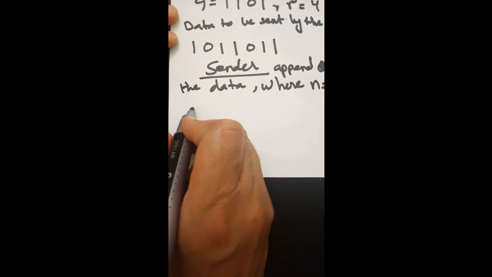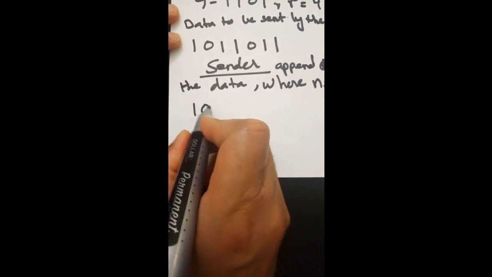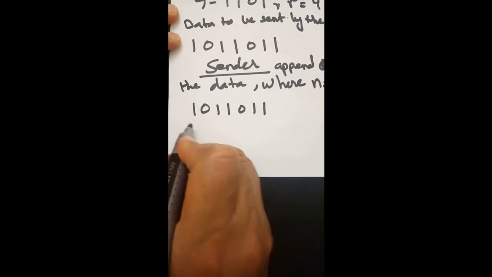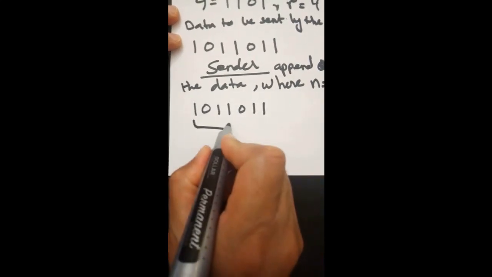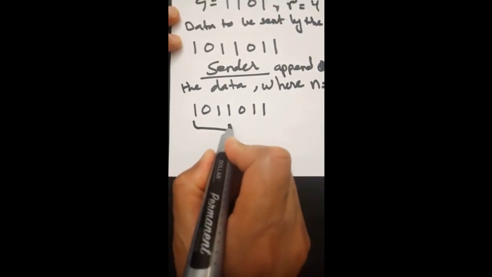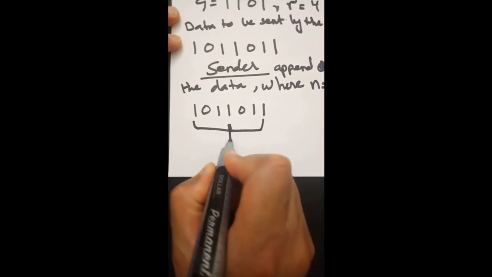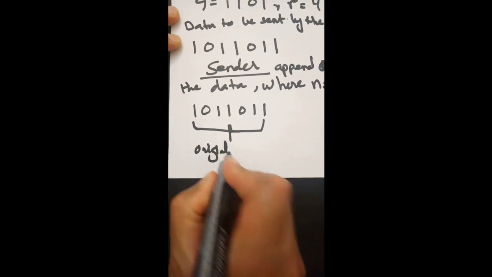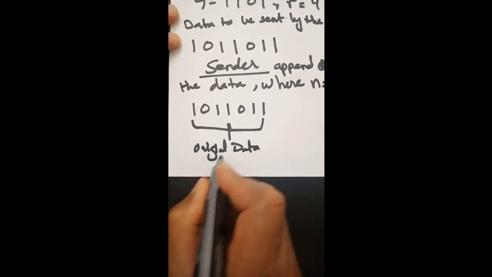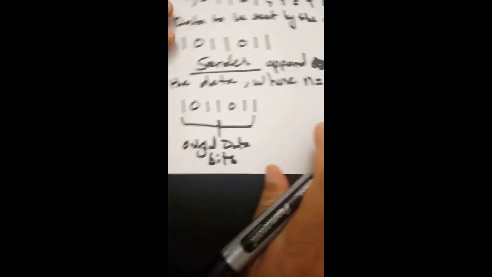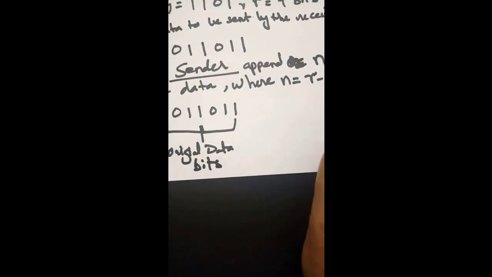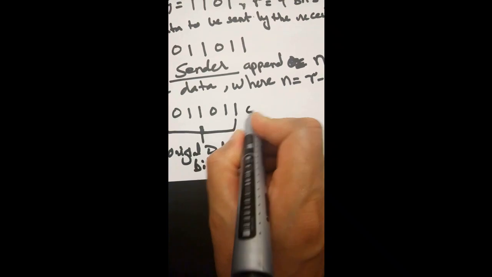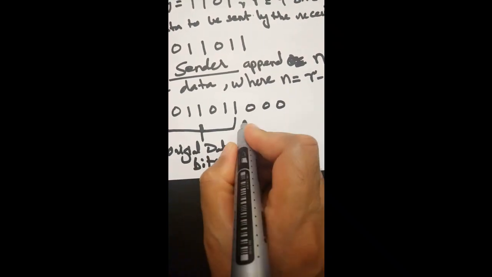Our data was, let's write it again, 1 0 1 1 0 1 1. This is the data, the original data bits, and we append n zeros, and n was 3, so we append 3 zeros, 1 2 3.